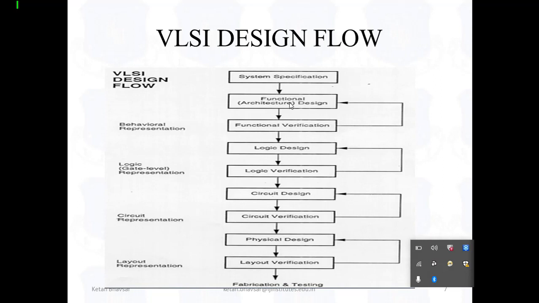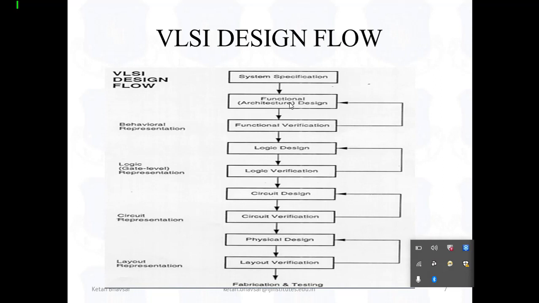You have to check which logic will fulfill your application. Then you have to again verify your logic, and as per your logic, you have to choose a specific circuit that will fulfill your requirement, and again you have to do verification. As you can see, we use verification after each and every stage. The reason is very clear, because verification plays a main role.